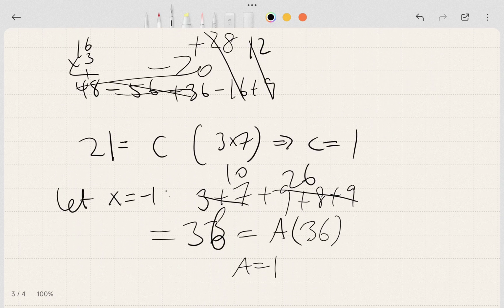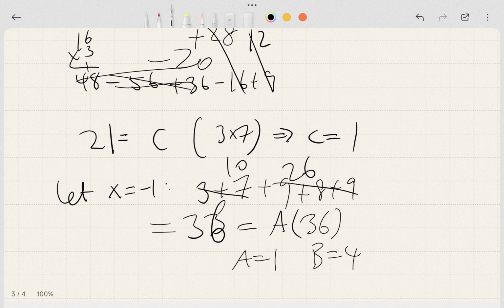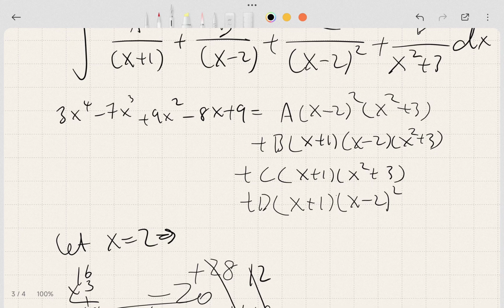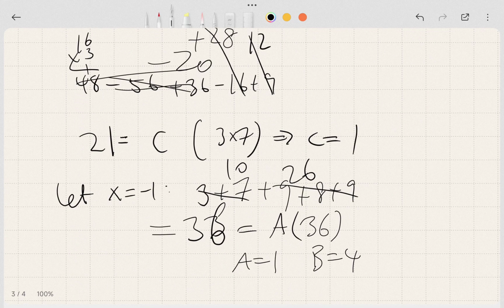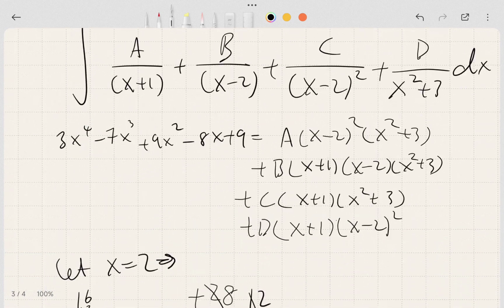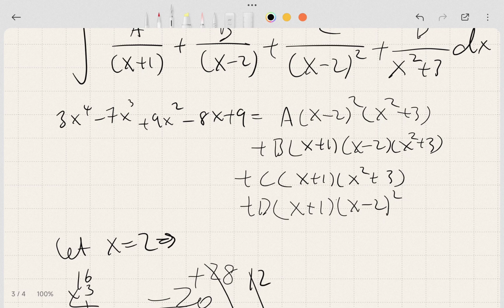B is obviously equal to 4, I think, because on the right hand side of the equation, the polynomial with the highest power is bx to the power 4, so b must be equal to 3. Oh, this is 3 actually. B is equal to 3. And C, don't know what C would be. Oh no, sorry.